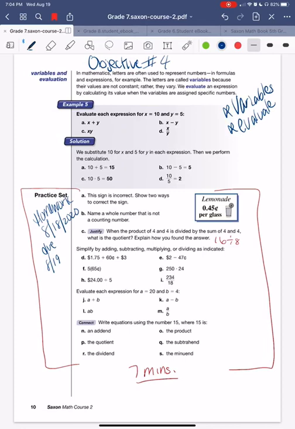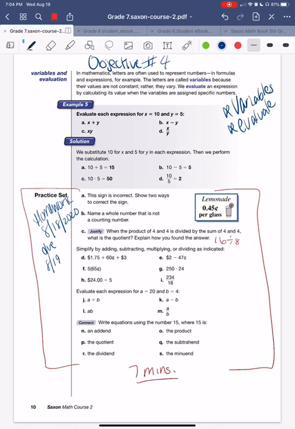They vary, basically. That's why it's variables. And then we evaluate an expression by calculating its value when the variables are assigned specific numbers. So when we evaluate, that just simply means we're about to solve it by doing some substitution, but we're going to calculate the answer.